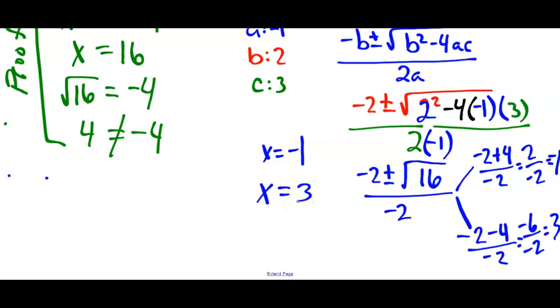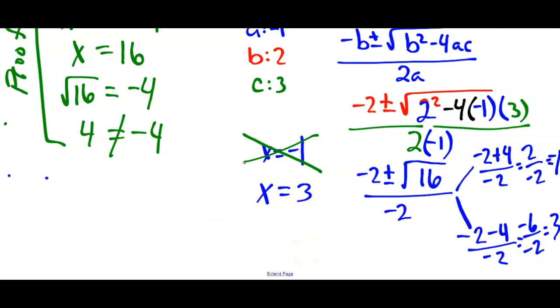All right. What do we know? Can my square root be equal to a negative? It cannot. So this solution does not work. So remember I said we needed to check if we've got variables on both sides.